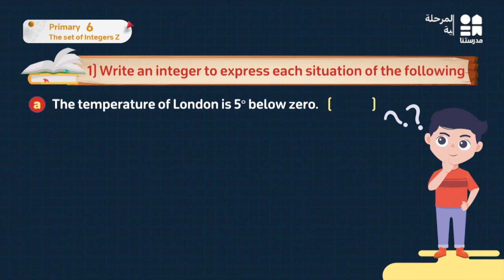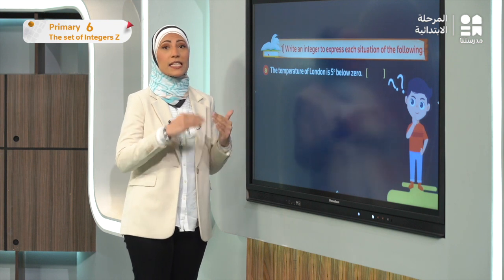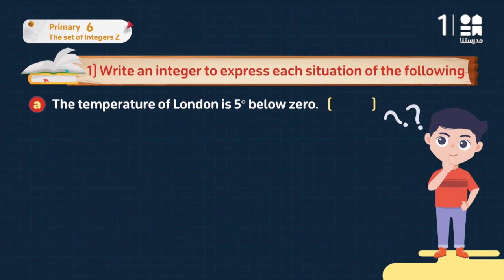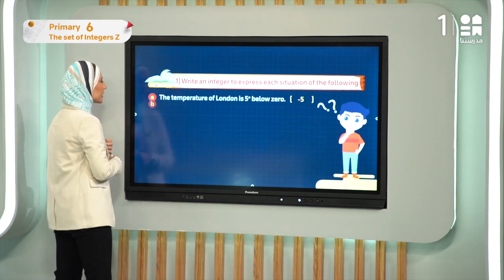So I will express 5 below 0 by negative or by positive. Is it above the 0 or under the 0? Of course, it's negative 5 because it's below 0. It's under, it's a freezing weather. Okay, let's see the second one.